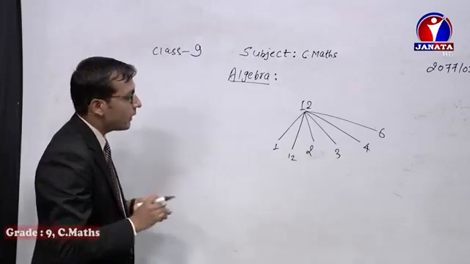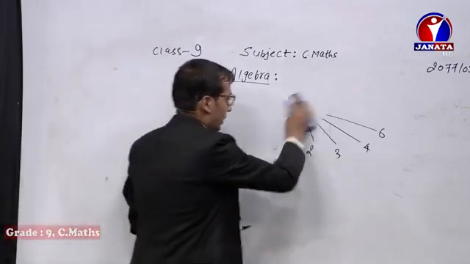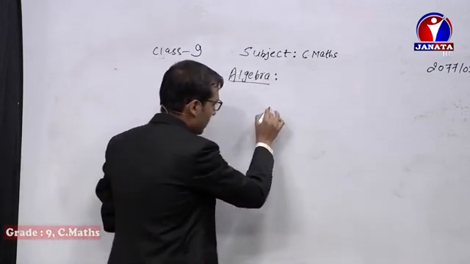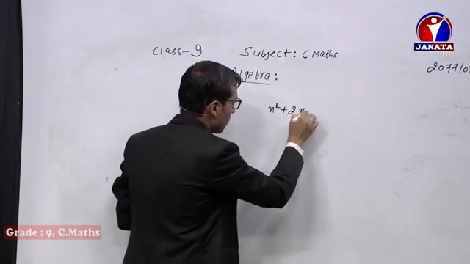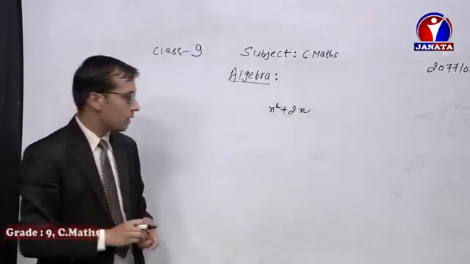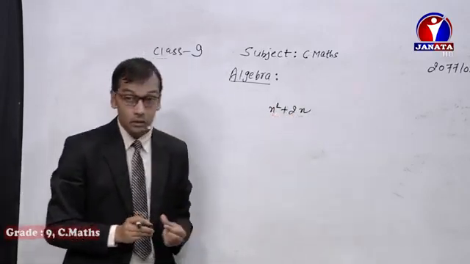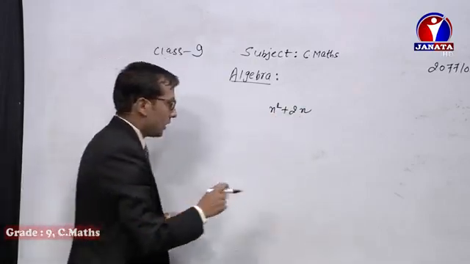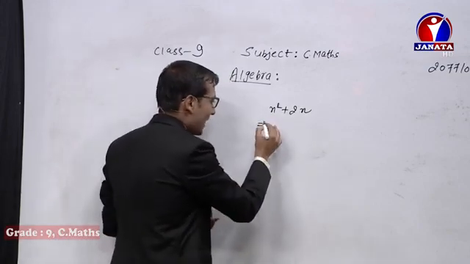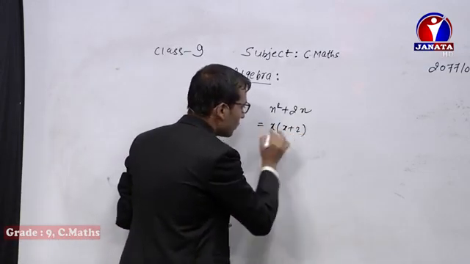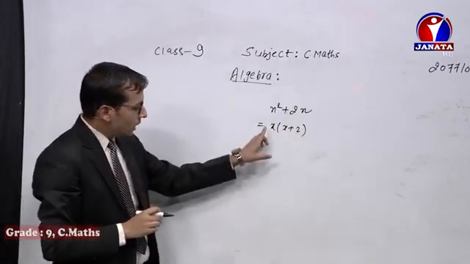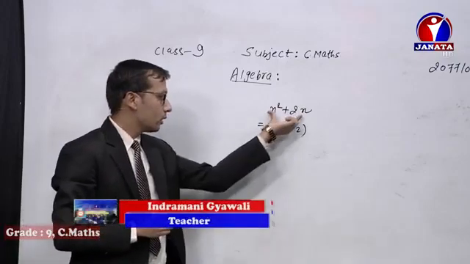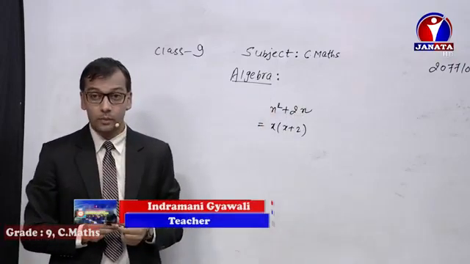Similarly, if I take an algebraic expression like x squared plus 2x, this is an algebraic expression, a binomial expression. Here we can take x common, so what is left? x plus 2. x and x plus 2 are the factors of this expression x squared plus 2x.